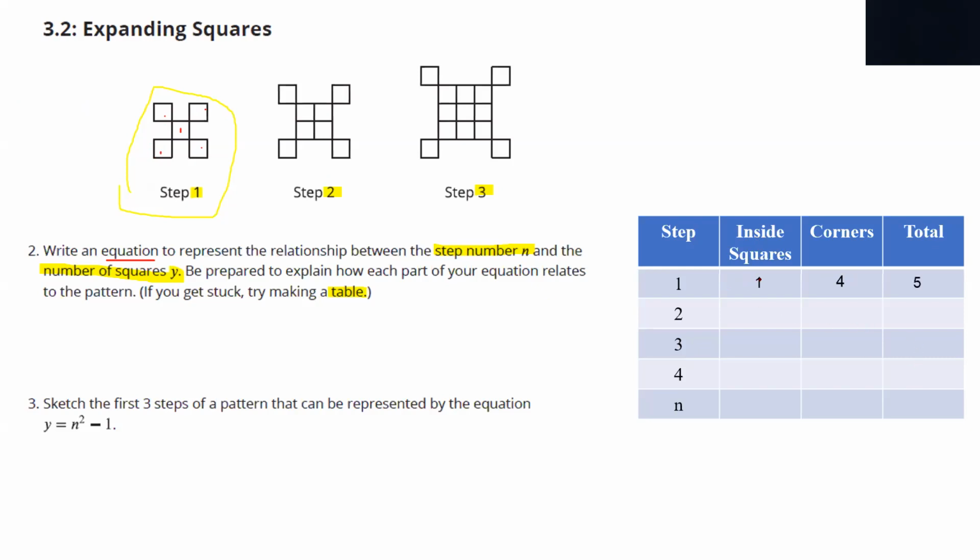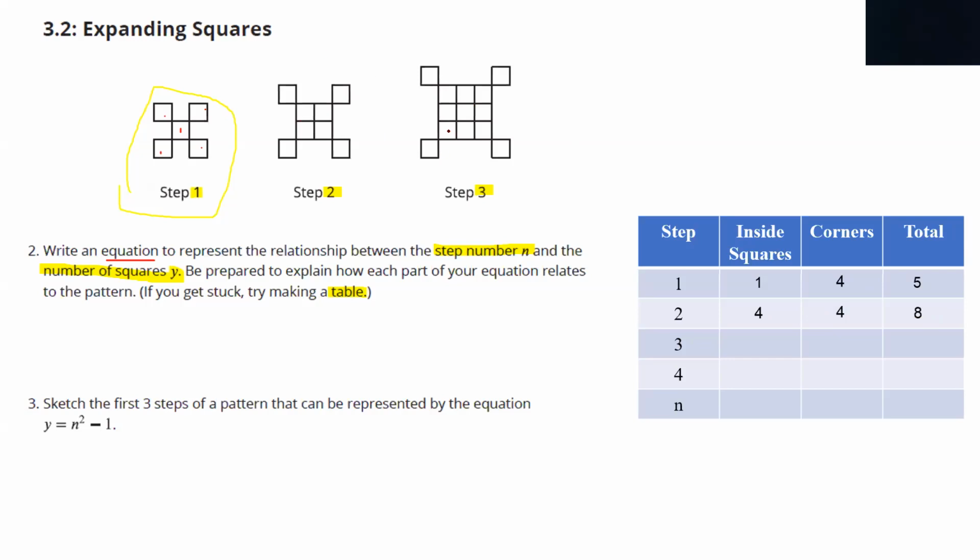So here you can start noticing the relationship between the inside squares and the corners and the total number of squares. For step 2, we have a total of 1, 2, 3, 4 inside squares. We have 4 outer squares, which gives us a total of 8 squares.